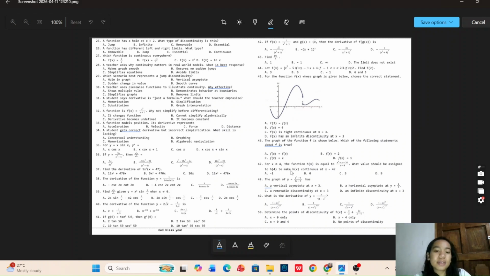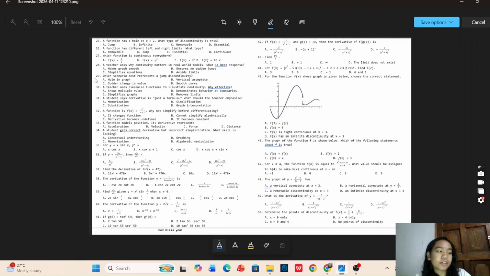Because of continuity, the graph shows that there is a continuous function, and that ensures no jumps and no holes in it. Number 29. Which scenario best represents a jump discontinuity?